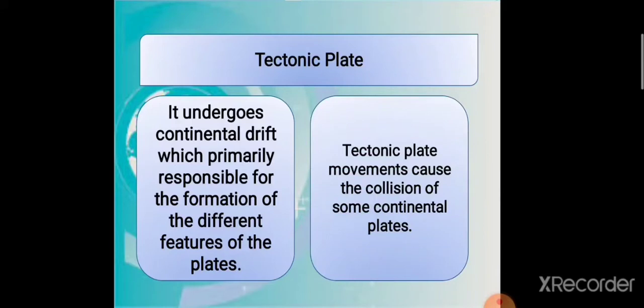Tectonic plate. So the tectonic plate undergoes continental drift, which is primarily responsible for the formation of different features of the plates. Tectonic plate movement caused the collision of some continental plates. When we say collision, it is the eventual movement of the plate.